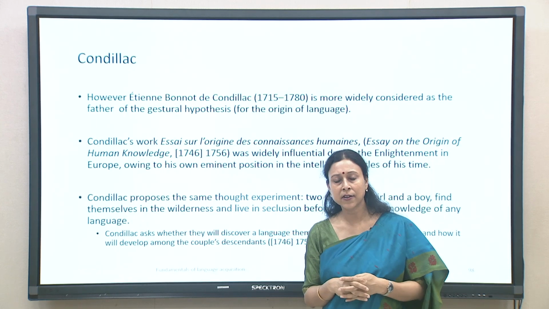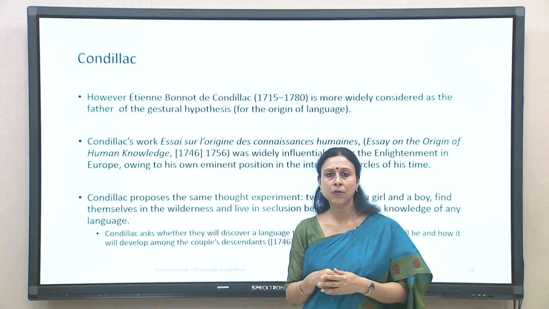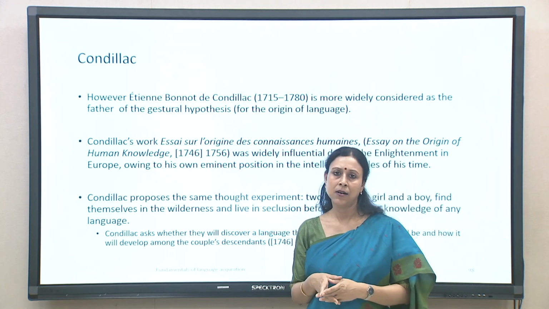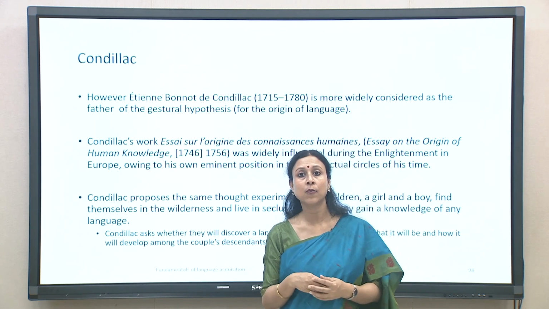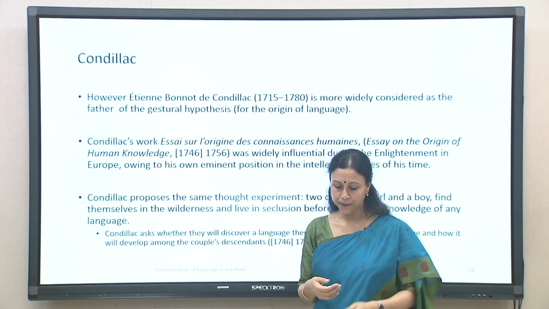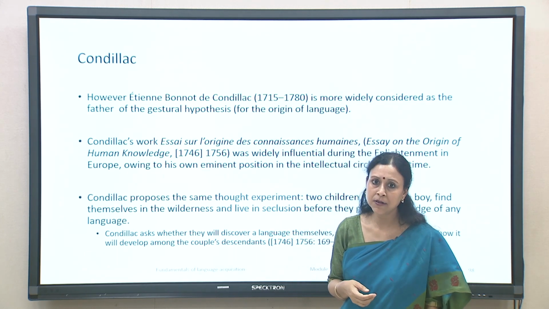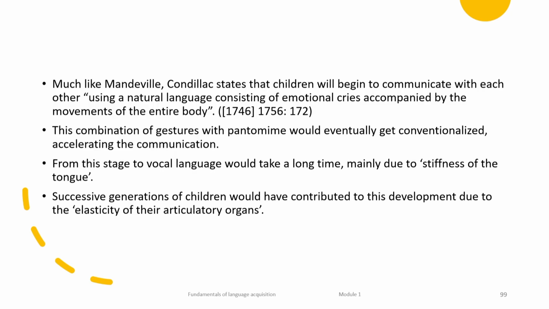The same kind of thought experiments that we have seen many people doing before him: if you leave a child outside of human influence and with no human contact, what will the child do? What kind of language will it develop and how? This is the same idea that he talks about, and he kind of agrees on the point that the children will begin to communicate with each other using natural language consisting of emotional cries accompanied by the movement of the entire body.